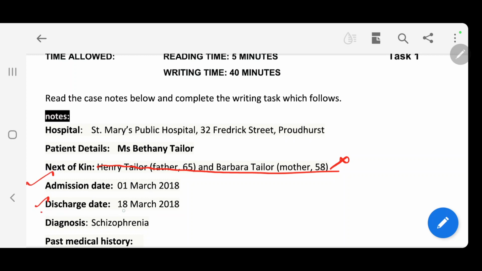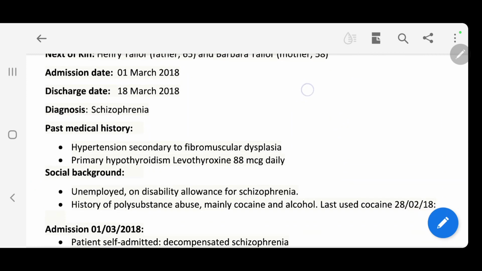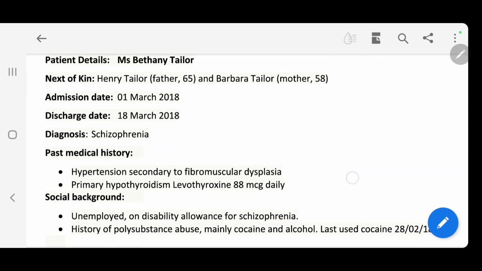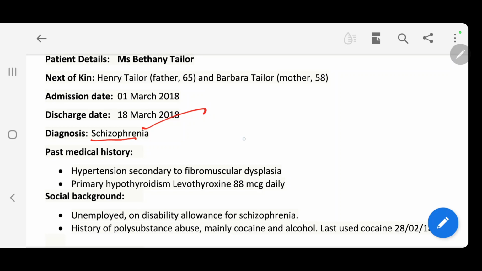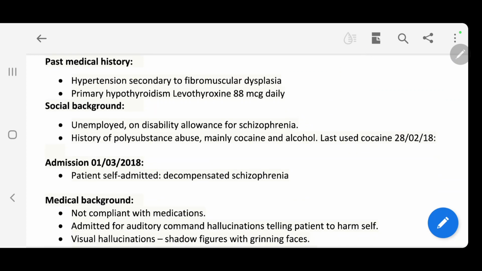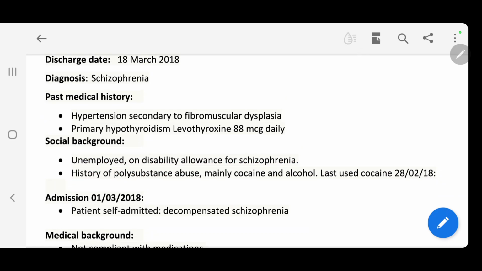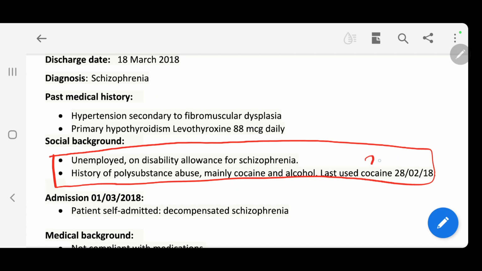Admission date, discharge date. You can see that the discharge date might be important. Diagnosis was schizophrenia. The past medical history is not relevant. In the social background, unemployed and history of substance use are not important. The only thing is the last cocaine use, which might be important. Right now we cannot say whether it is important or not.